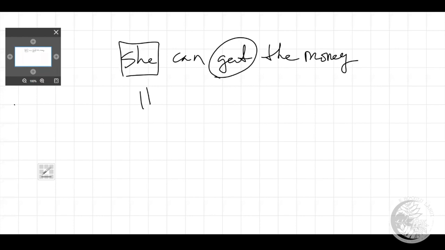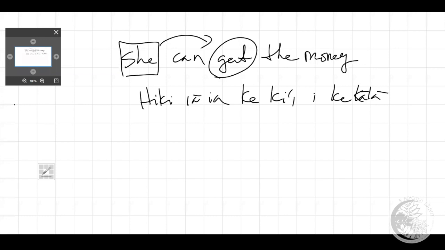Hiki iā ia ke kiʻi. Again, that's the action. It's possible for her to go get the money. Regular agency, yeah, that she is performing this action.